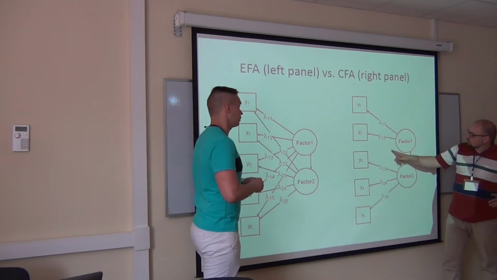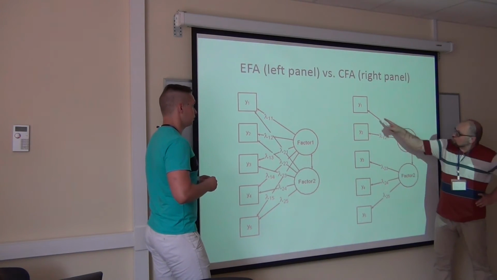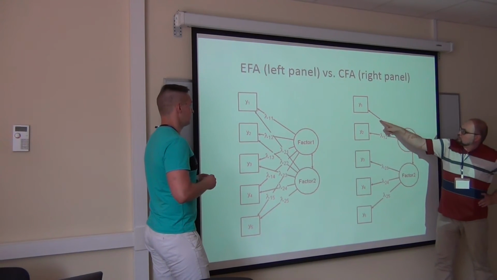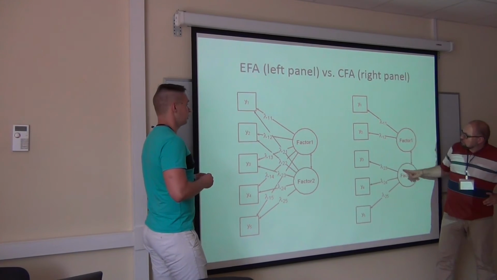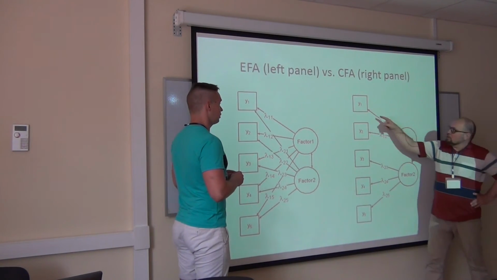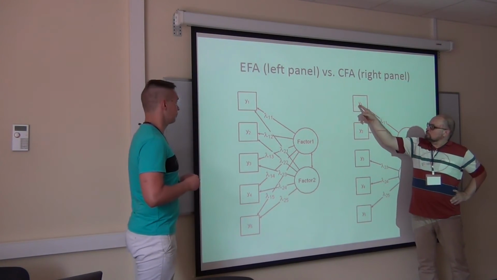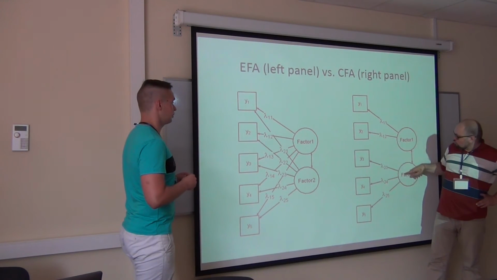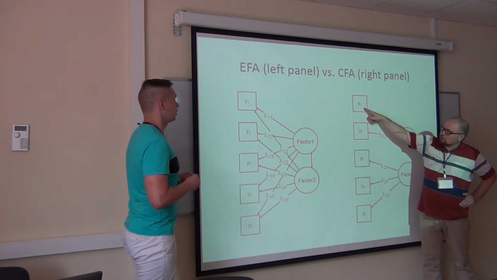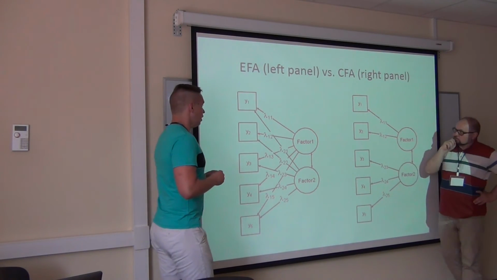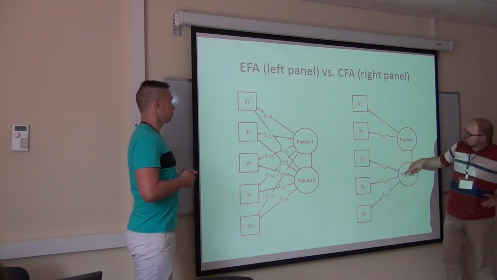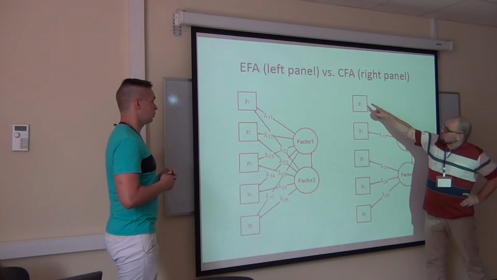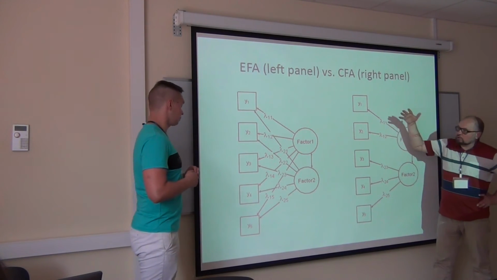If we had another arrow from factor 2 to y1, then we would have this lambda square and this lambda square, and the uniqueness would be smaller because there would be two factors explaining y1, right? Yes. And of course the r square explained in y1 would be higher.